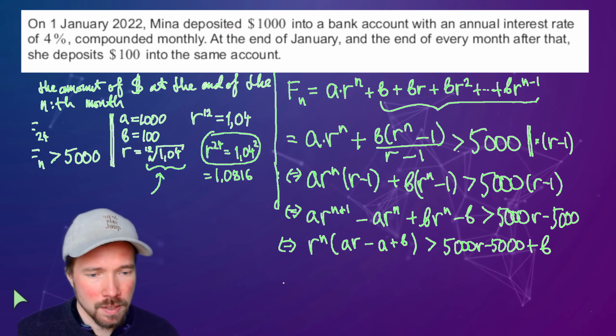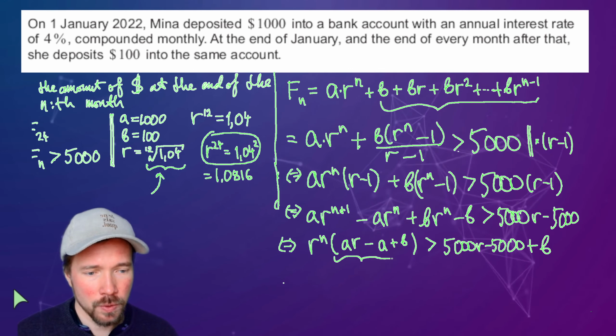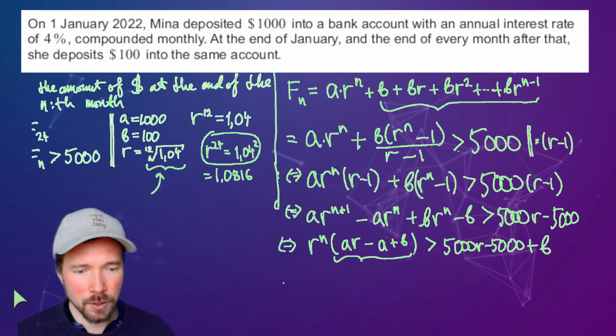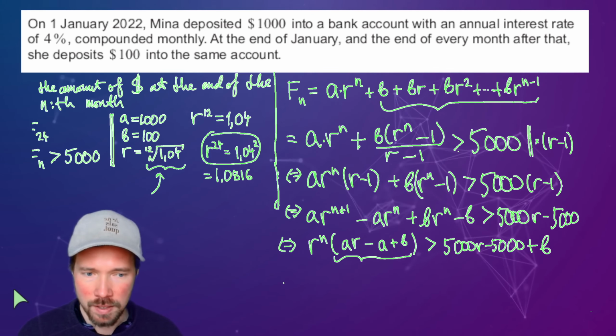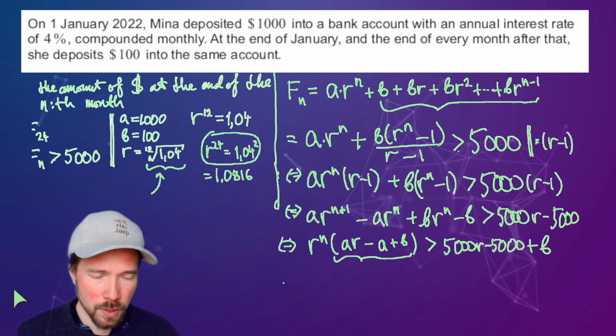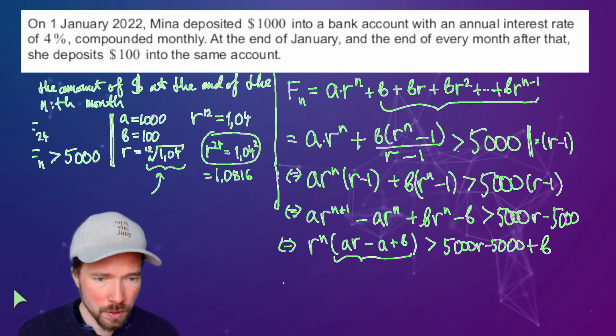Okay, notice that we know every term there. We know a is 1,000, b is 100, r is this 12th root of 1.04.